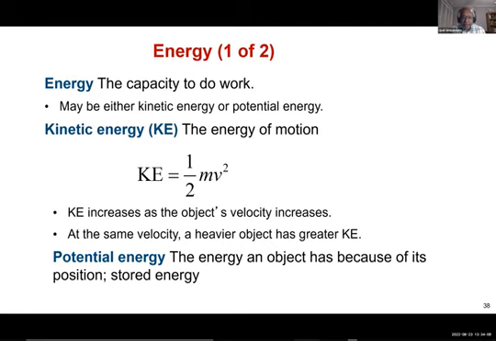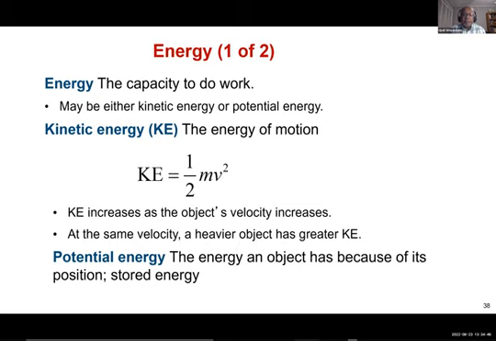Another form of energy which is common to matter is potential energy. Potential energy is the energy an object made out of matter has because of its position. A rock at the bottom of a hill has lower potential energy than a rock at the top of the hill. The rock can fall down and release energy. That energy is potential energy.